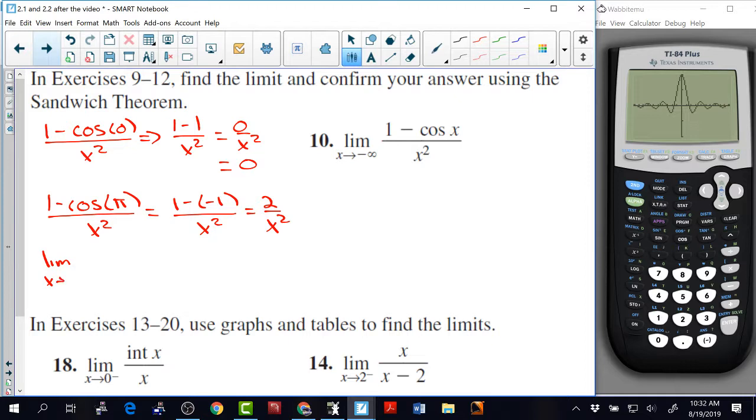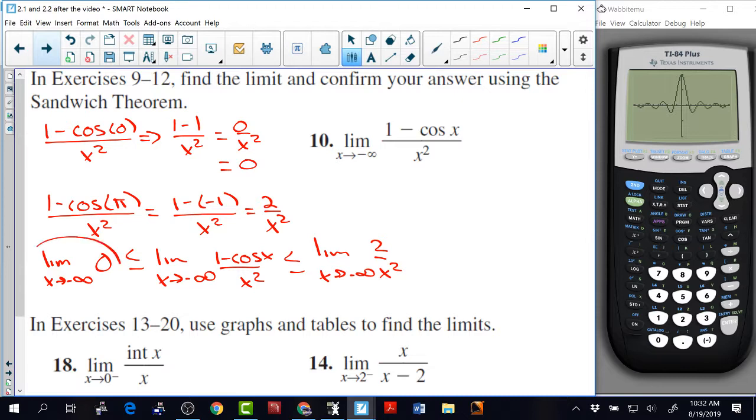So we have the limit as x approaches negative infinity of 0 is less than or equal to the limit as x approaches negative infinity of 1 minus cosine of x over x squared is less than or equal to limit as x approaches negative infinity of 2 over x squared. So it has to be in between those two things because cosine has a smallest and a highest value. That's why the sandwich theorem, or they call it the squeeze theorem, usually involves a trig function.